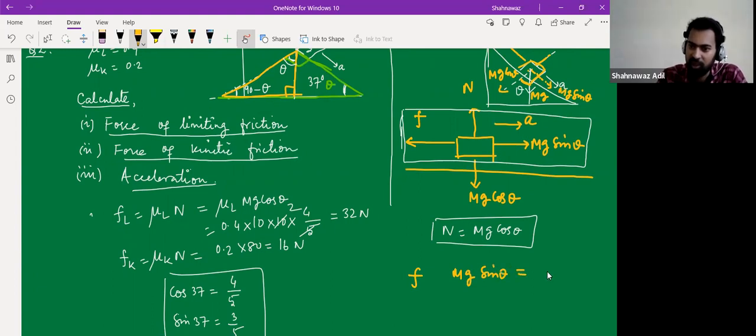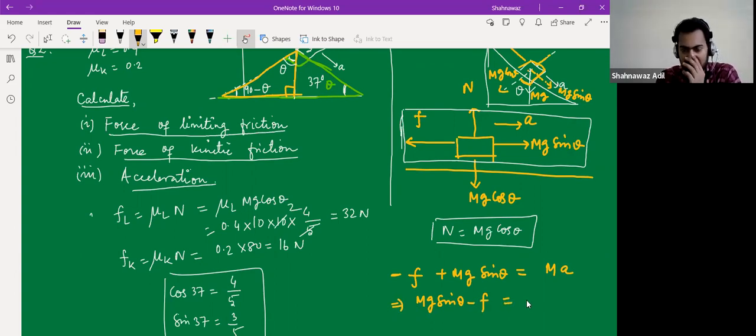And we have ma, right? So what will be the sign of mg sine theta? This is positive and this is negative, right? So mg sine theta minus F is ma, right?